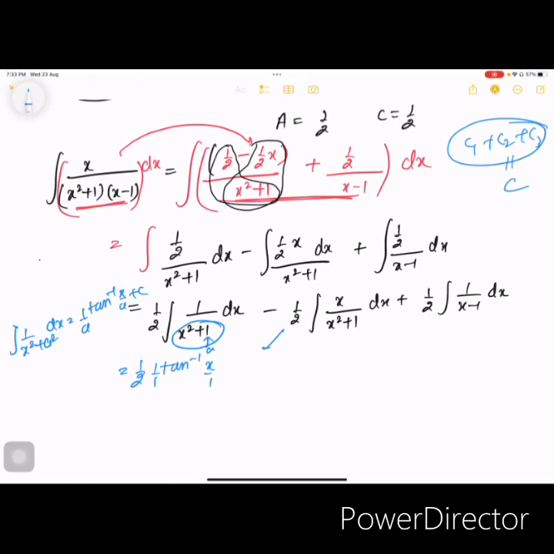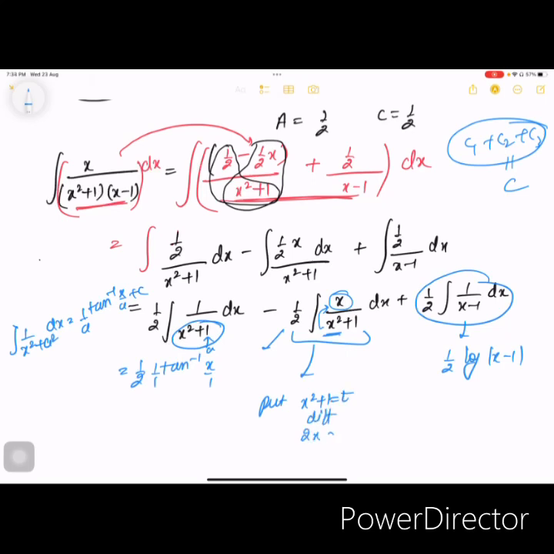That means next it will be, okay, rewriting this one firstly, half of log of x minus 1. Now check. In the denominator we have x square, in the numerator we have x. The derivative of x square is 2x, that means x is there. For this part, put x square plus 1 equal to t.